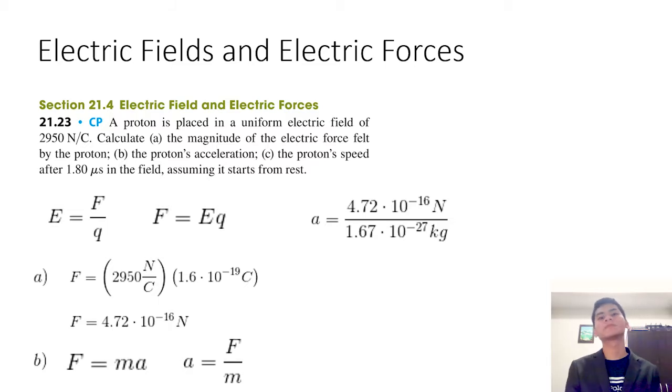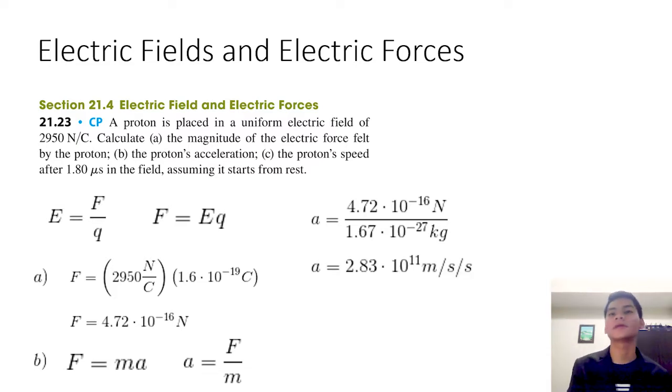Then 4.72 times 10 to the negative 16 newtons divided by 1.67 times 10 to the minus 27 kilograms, which is the mass of the proton. That gives us a value for the acceleration of the particle: 2.83 times 10 to the 11th meters per second per second.